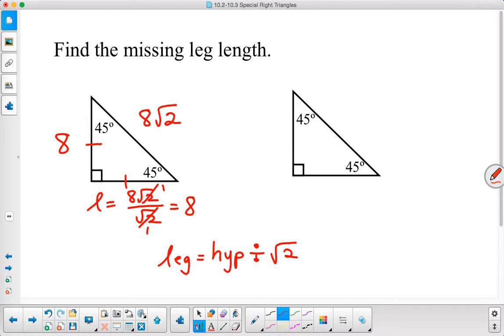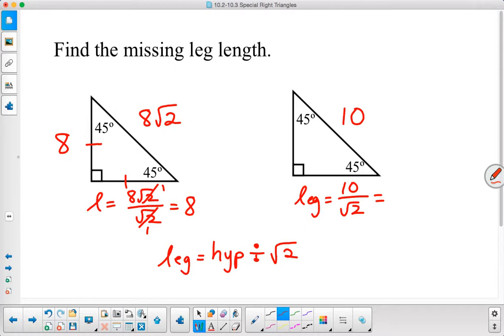Now if I start you with something like just 10, to get the leg, you still do the dividing. 10 divided by the square root of 2, but I don't have a square root of 2 in the top to cancel with. So on this type of problem, they will definitely have you do decimal.